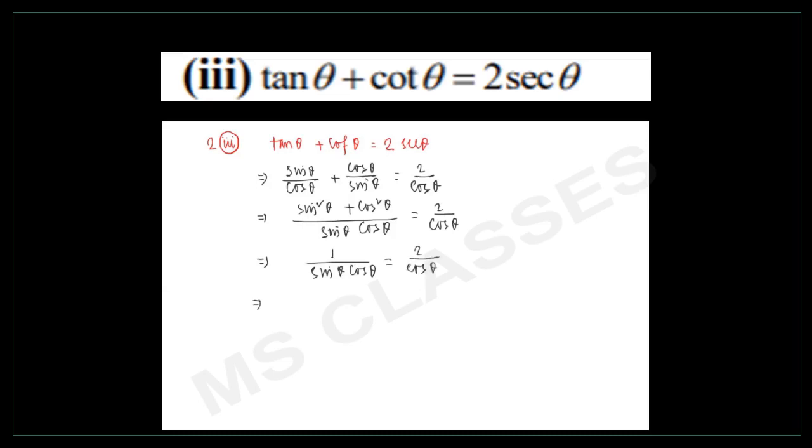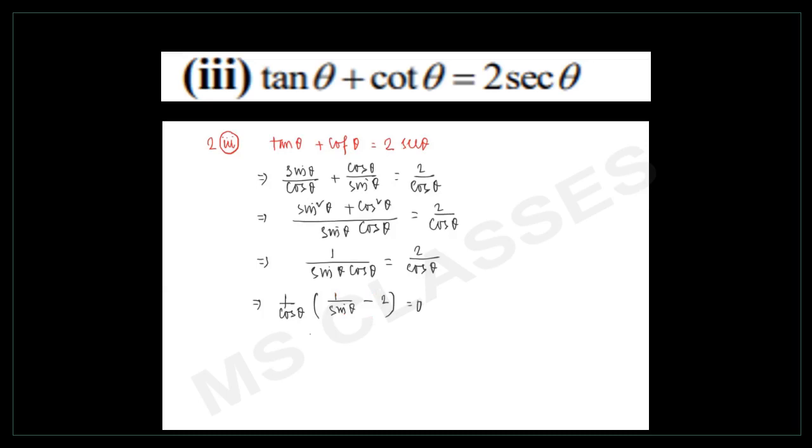Now here we can take 1 by cos theta common, and what we get? 1 by sine theta minus 2 equal to 0. Now 1 by cos theta cannot be 0, because sec gives you a value either greater than or equal to 1 or less than or equal to minus 1. So the only possibility is that the other factor will be 0.